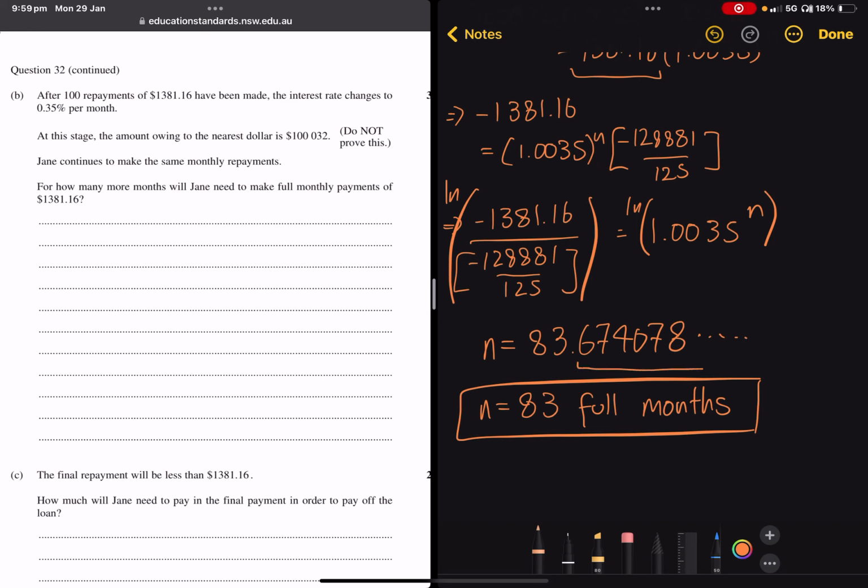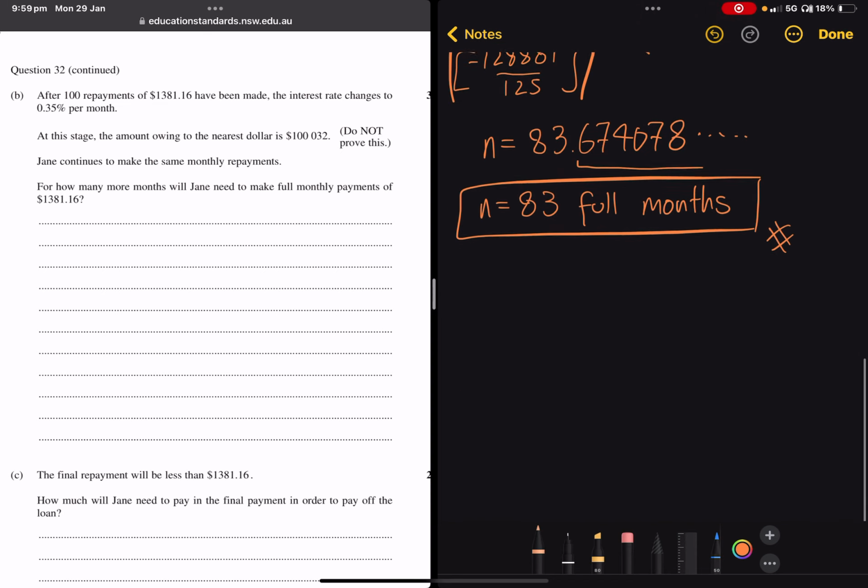The rest of this string of numbers here, solving for the n, corresponds to one partial month. So this is the answer to part B. For how many more months will she need to make full repayments? 83. The final repayment will be less.